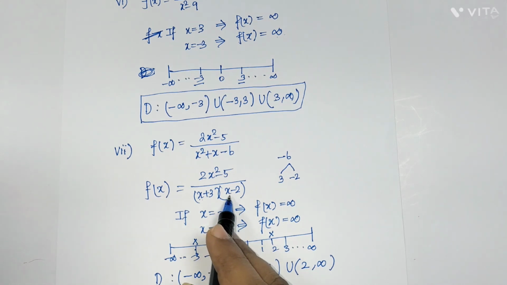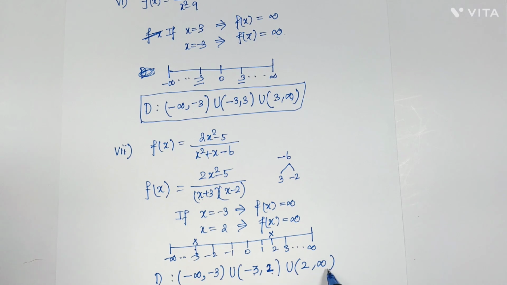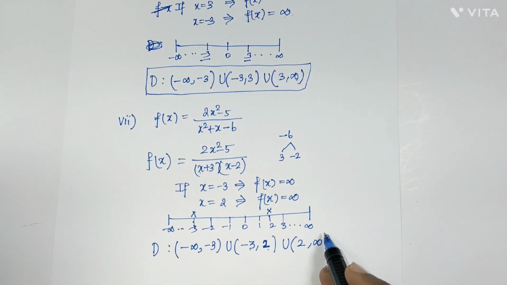This 2 is not included. We can apply any other term 3, 4, 5, 6, 7 like that, an infinite number of terms. This is also not included, so we'll write it in open interval form. So this is our procedure to identify the domain.